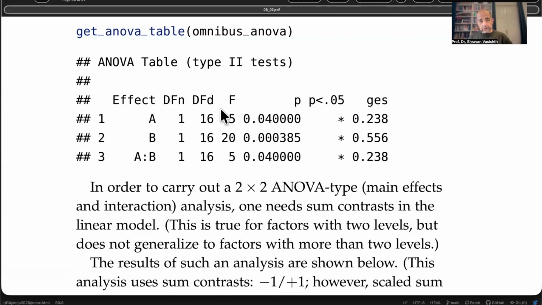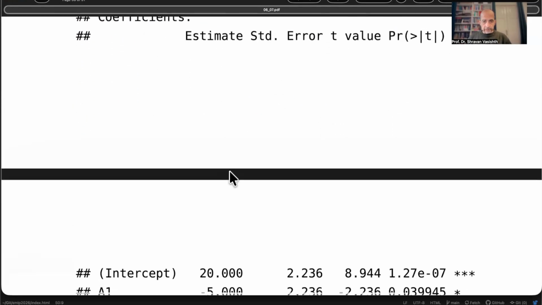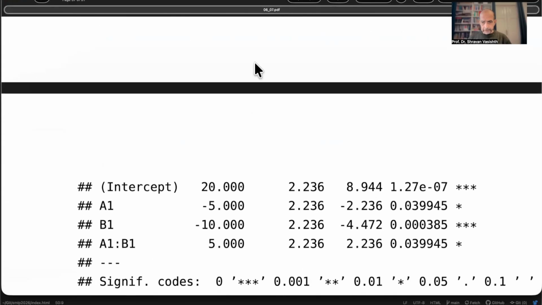Not only that, you can check this yourself. These three f-scores are the square of the corresponding t-values here. These t-values, if you square them, you get the ANOVA scores, because f is equal to t squared.